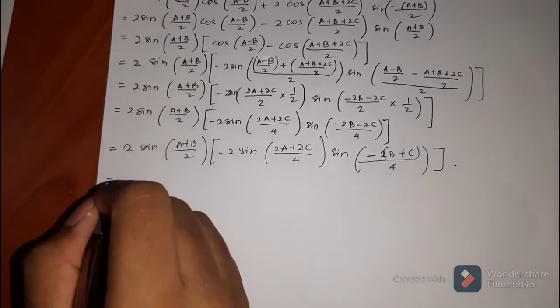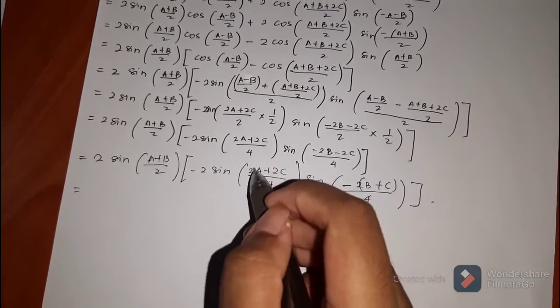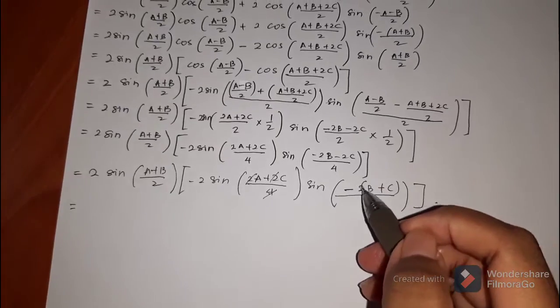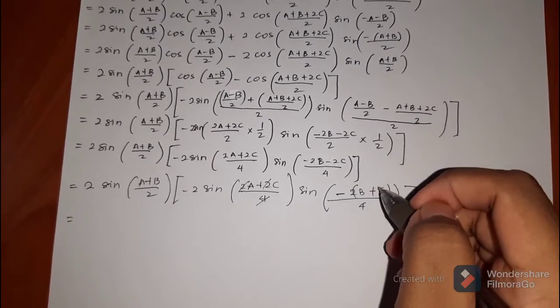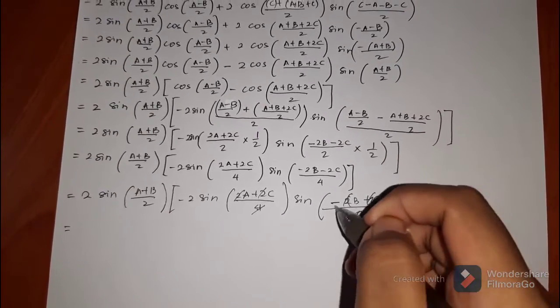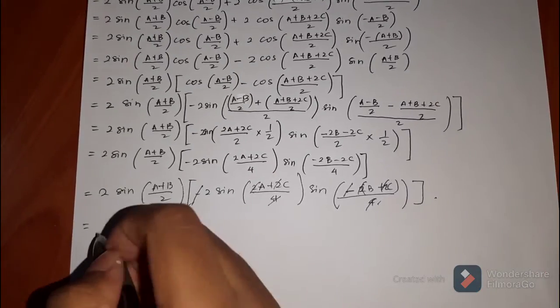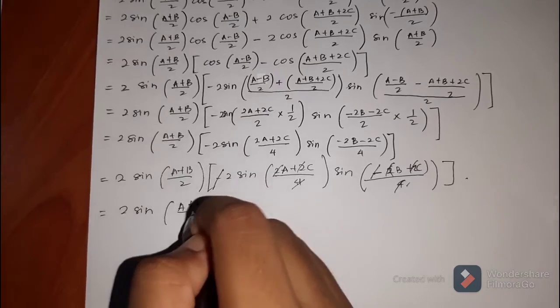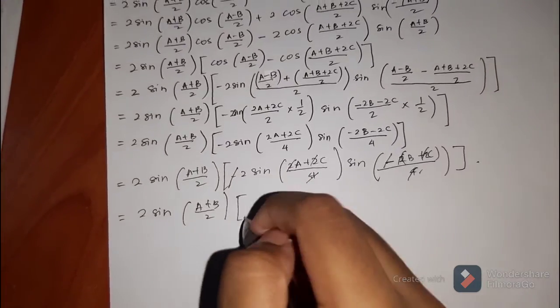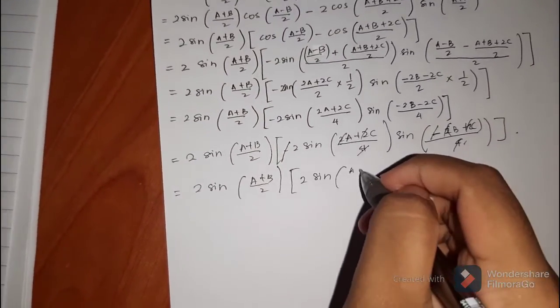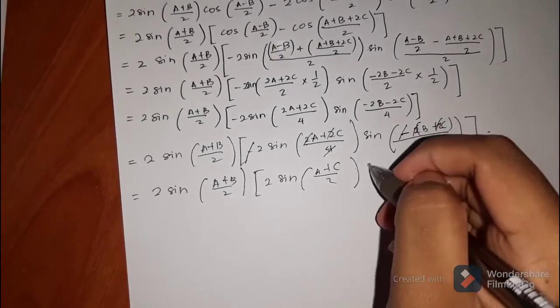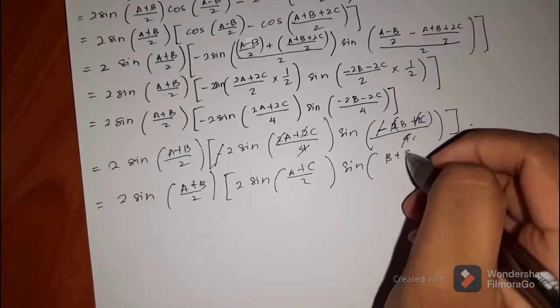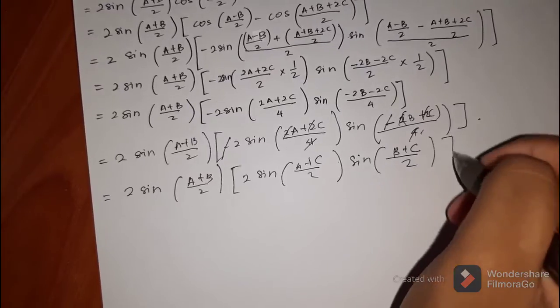And then the next step is we have to simplify, so we can cut this one and also this one. We can cut this negative, so we'll be left with 2 sine a plus b over 2, 2 sine a plus c over 2, sine b plus c over 2.